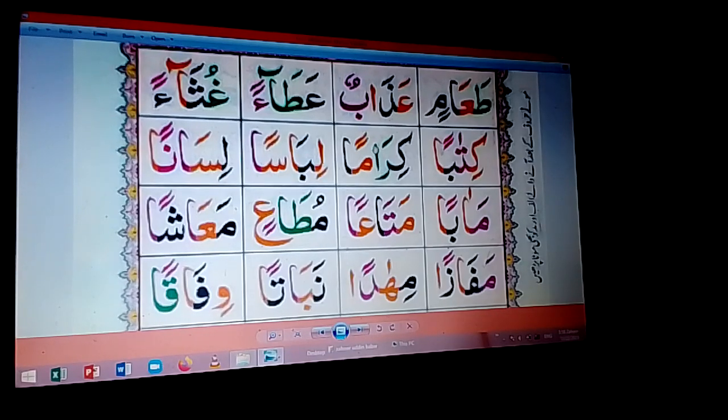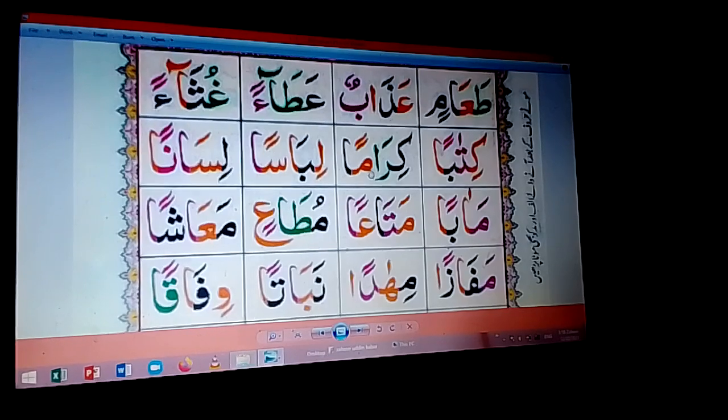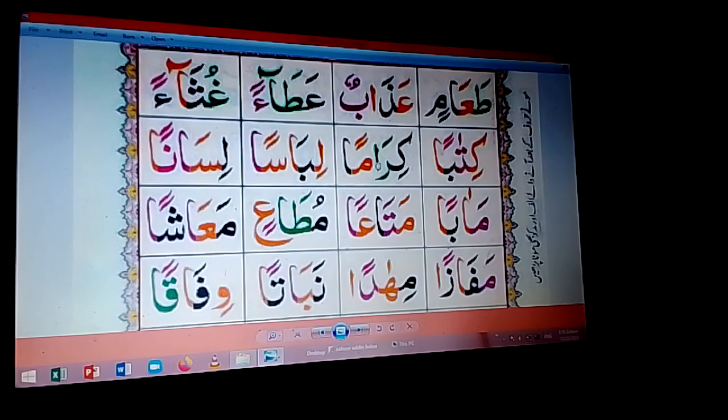Or you can replace this alif with standing fatha by writing standing fatha over here. So when standing fatha comes here, this alif will be finished and this fatha will also be finished. Okay, so that would be kiraman. But here what we can see is alif and this fatha. That's why that would also be longer.